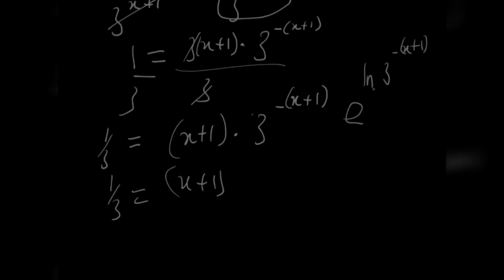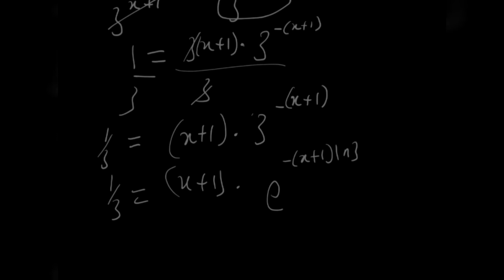Okay, then this can be transferred to this side, so we get e raised to the power negative of x plus 1 ln of 3. Okay, so this is it. Now we just have to compare both sides, this term and then the exponent over here.